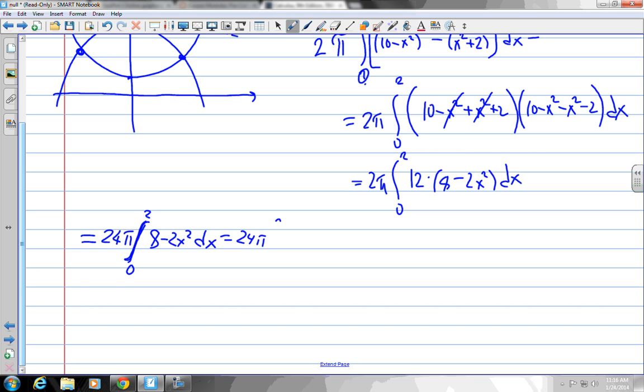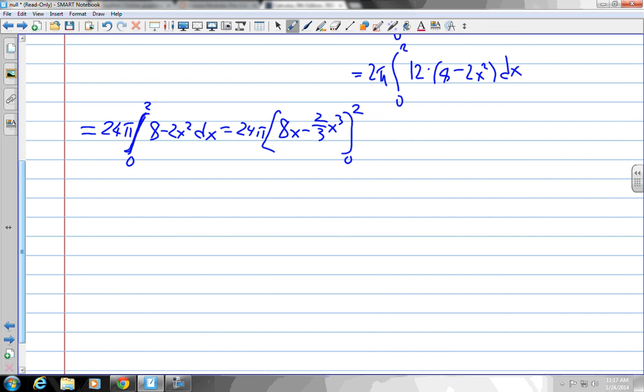24 pi, so the integral of that is 8x minus 2 thirds x cubed from 0 to 2. So now 0 gives you 0, 24 pi, 16 minus 16 thirds. Is that right if you plug in 2 in there?